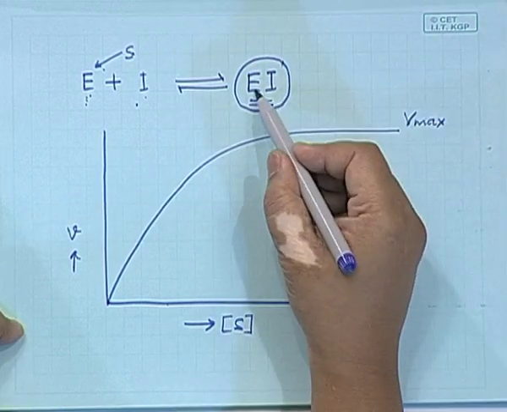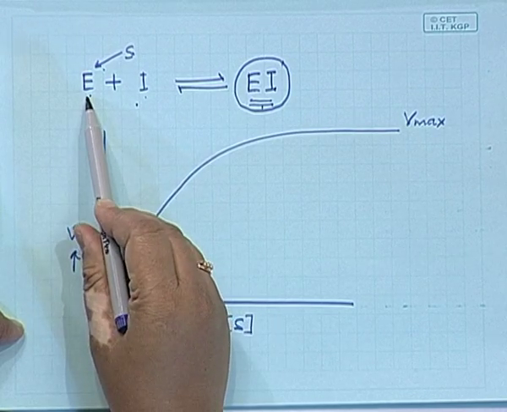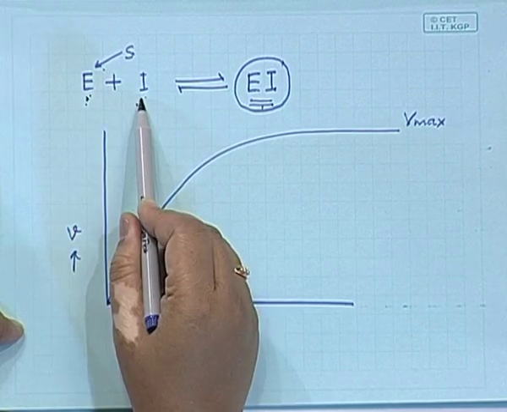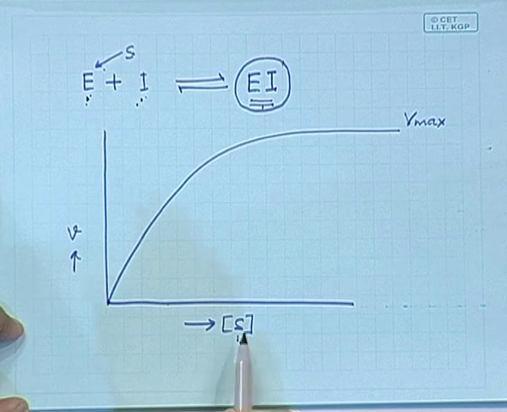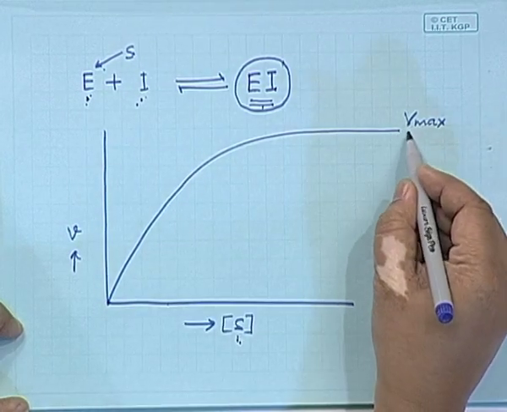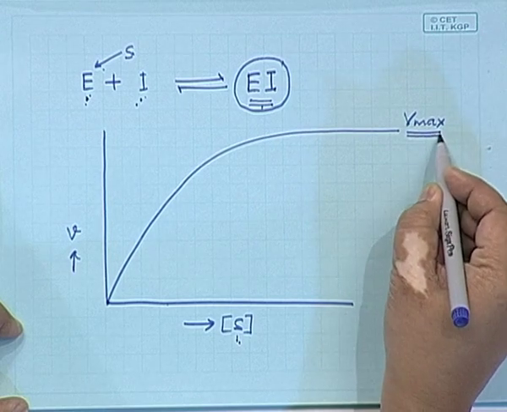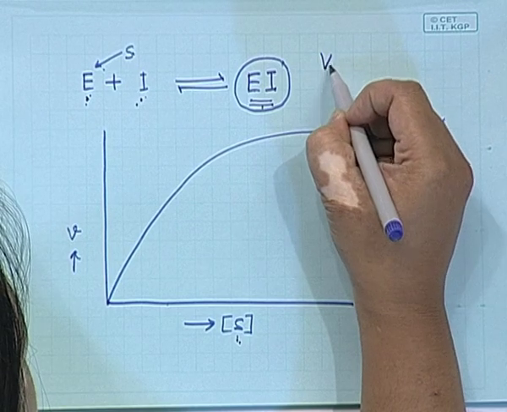So, I can have a free enzyme, dissociated from the inhibitor. So, if I add a large amount of substrate, I can have the enzyme actually reach the same value of Vmax. What do I mean by that? What is my Vmax?